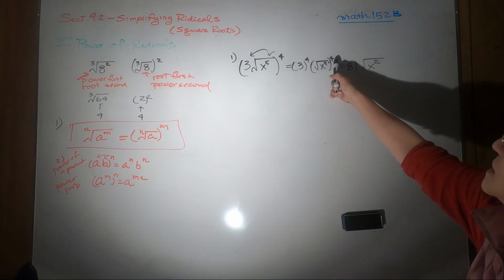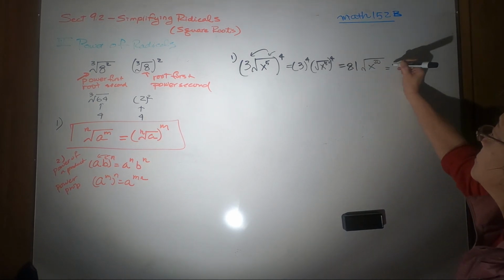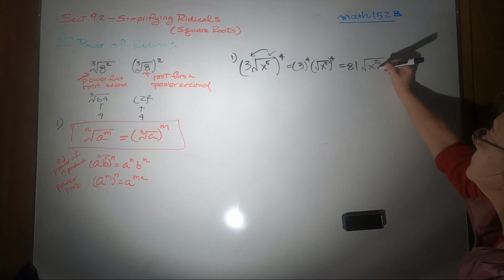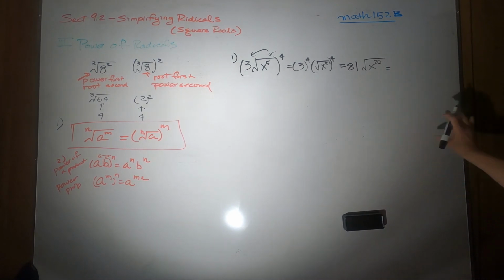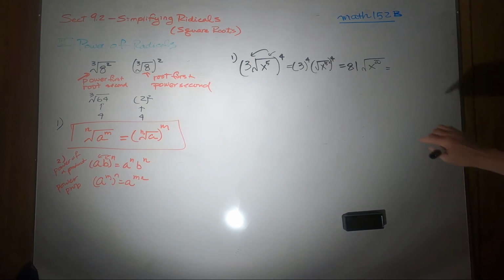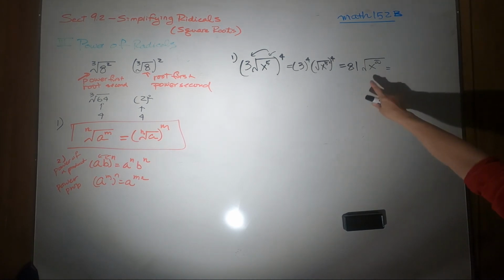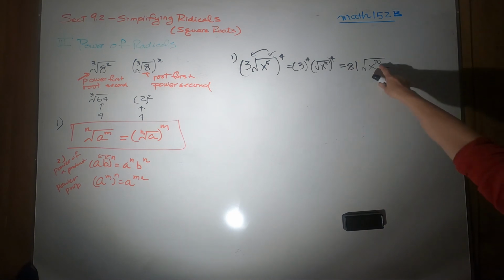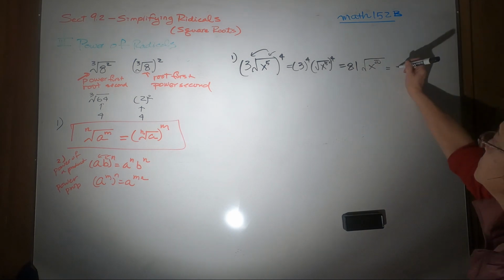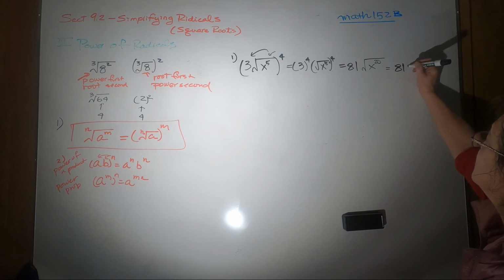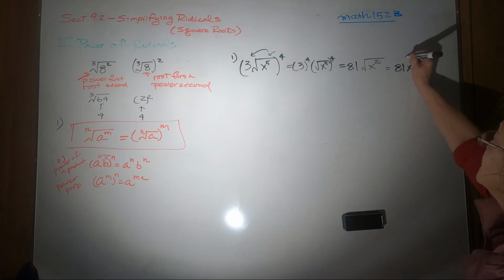So what is the square root of x to the 20th? How many pairs do we have inside x to the 20th? 10 of them, right? It's 20 divided by 2. So you end up with 81x to the 10th power.